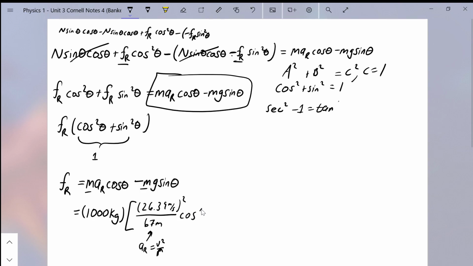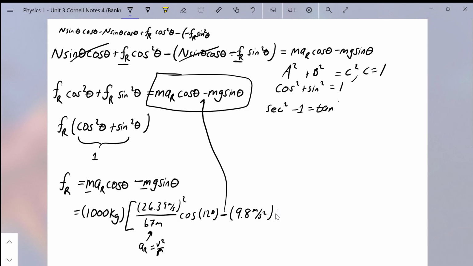times cosine of 12 degrees, minus mass, which is already out front, we factor that out, times g, which is a positive 9.8 meters per second squared. The negative sign comes from this negative sign up here, not from 9.8 meters per second squared pointed downwards in the negative y direction.